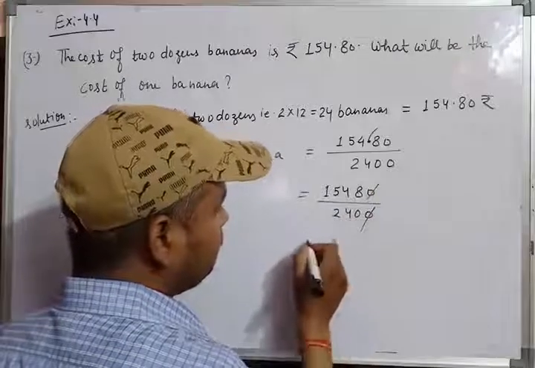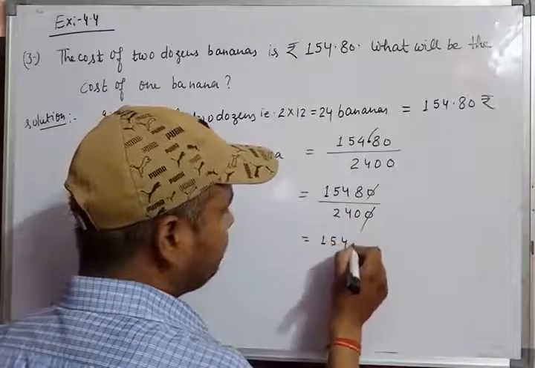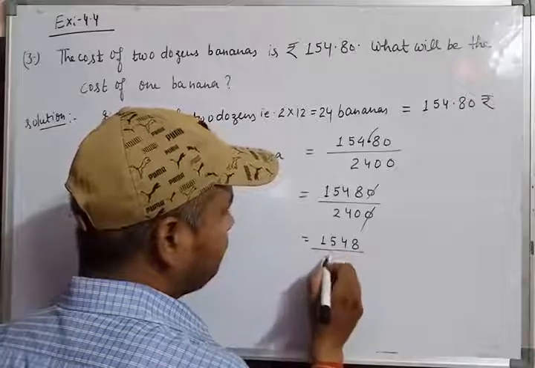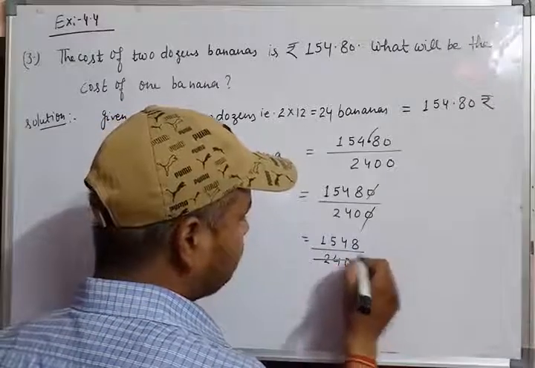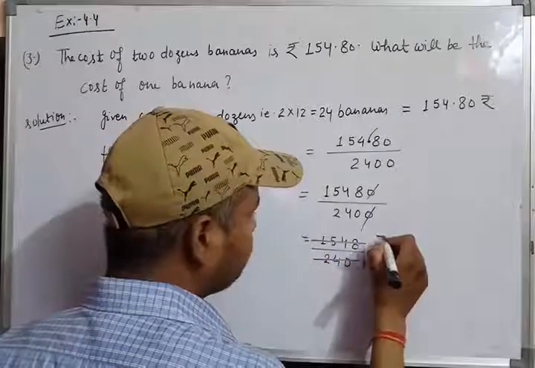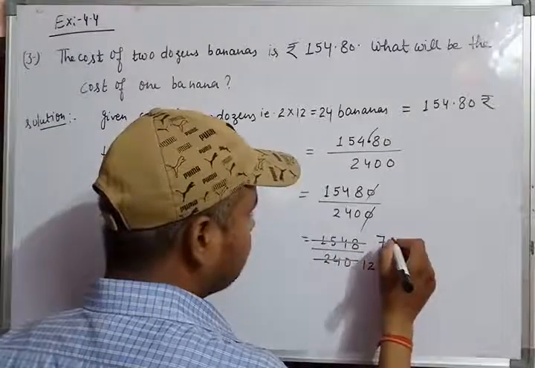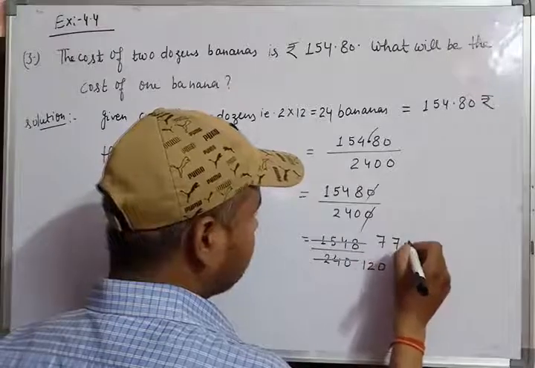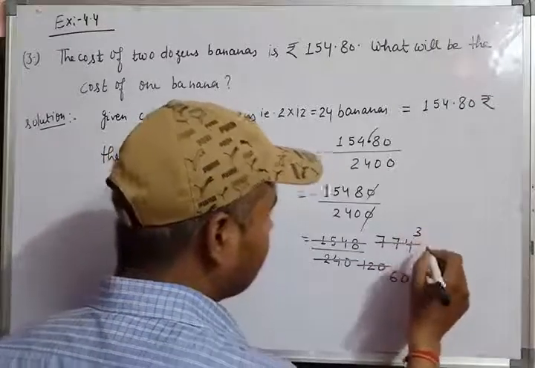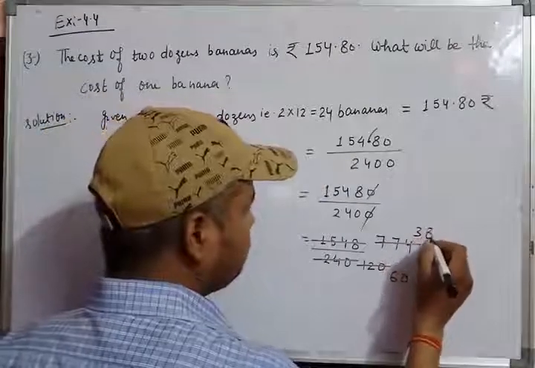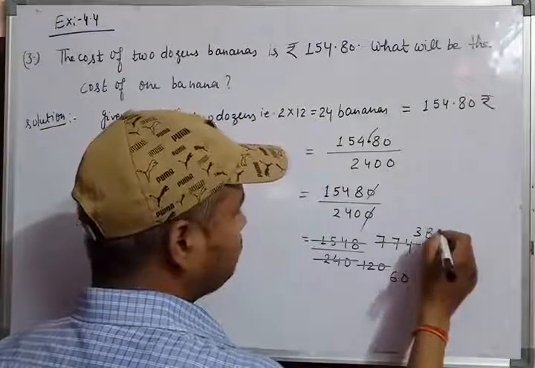This 0 is cancelled by this, then we can write 1548 upon 240. This is divisible by 2. This is also divisible by 2. 2 7s are 14, 1 carry, 2 7s are 14. 2 4s are 8. 2 6s are 12. 2 3s are 6. 1 carry, 2 8s are 16. 1 carry, 2 7s are 14.